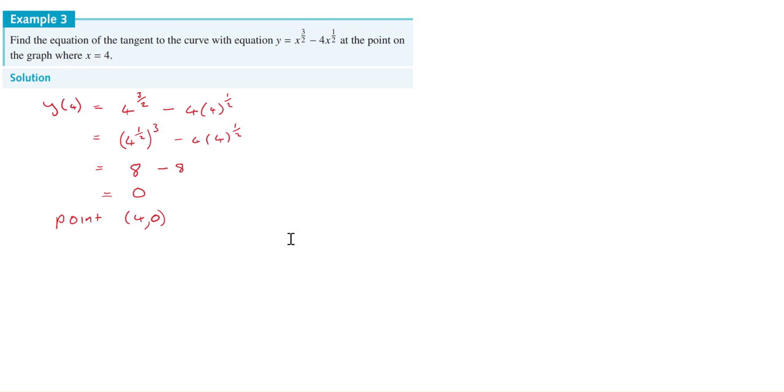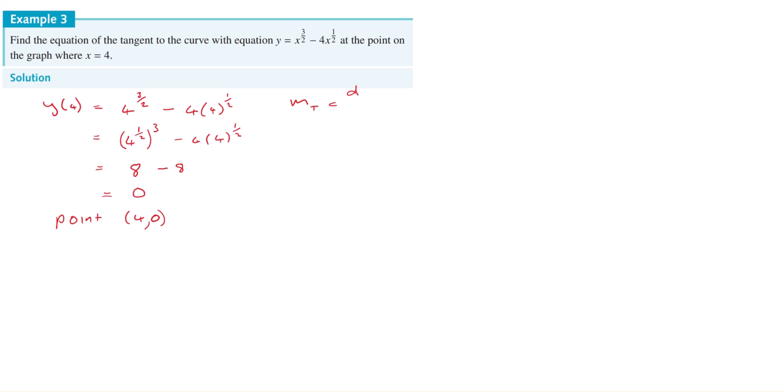So we're going to find the gradient now at x equals 4. The gradient of the tangent is equal to dy/dx. I'll find the gradient of the tangent first.